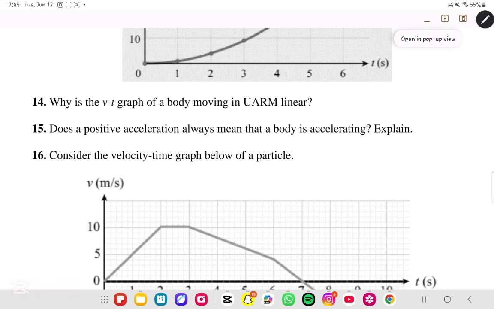Does a positive acceleration always mean a body is accelerating? This is a very good question. Let me just write it.